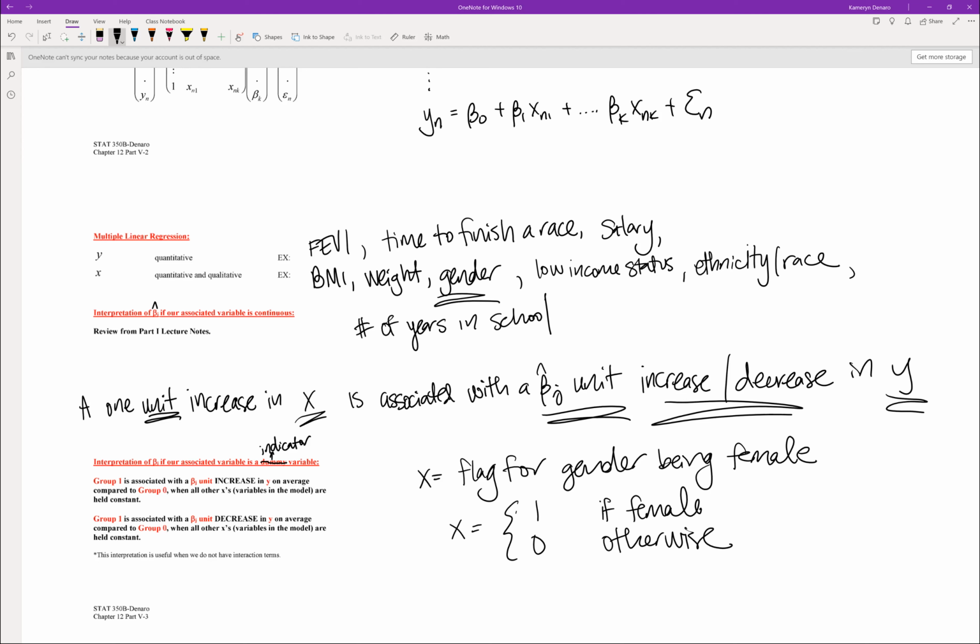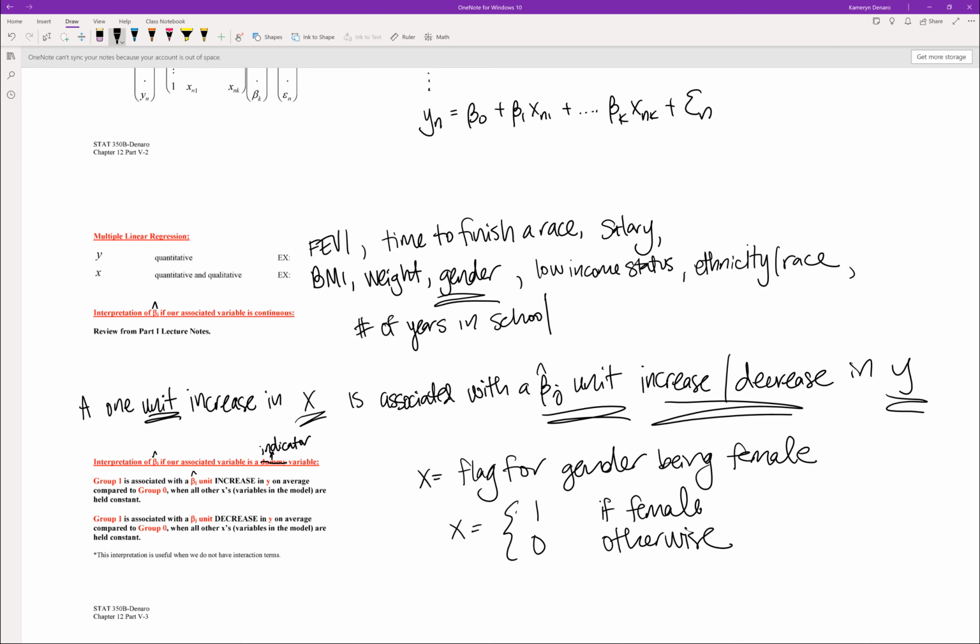If we wanted to interpret the beta hat j of an associated indicator variable, we're going to say group 1 is associated with a beta hat j unit increase in y on average compared to group 0 when all other x's, the variables in the model, are held constant.